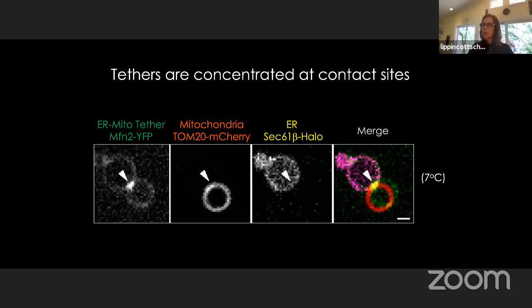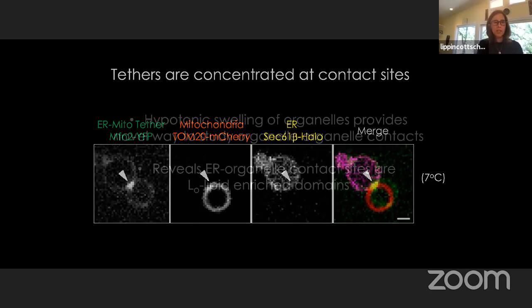Here we're looking at mitofusin 2, which is well known as an ER mitochondrial tethering protein. In red is your mitochondrial probe, here's our ER probe, and you can see that mitofusin 2 is preferentially enriched at that junction, really confirming that these contact sites are being maintained by these tethering molecules in response to this osmotic condition.